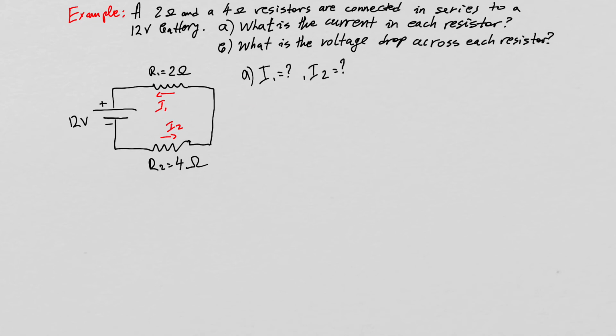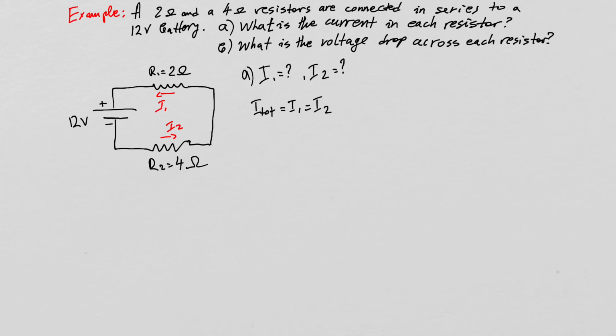So part A of the question is asking us what are the currents in each of the resistors, so I1 and I2. In order to find the current in each resistor, I need to go back to the rules that I set for the currents in a series circuit. And the rule says that the total current in the circuit is equal to the currents in each of the resistors.